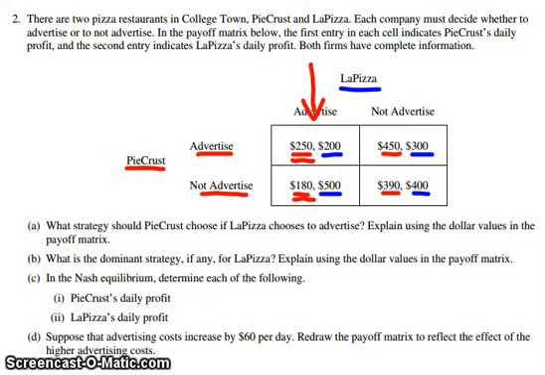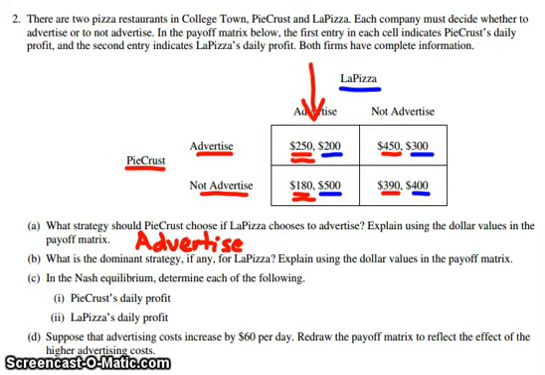So in this case, the bigger payoff, $250, means that Pie Crust is going to choose to advertise. And we've explained that their payoff is higher, 250 rather than 180, by choosing to do this strategy.